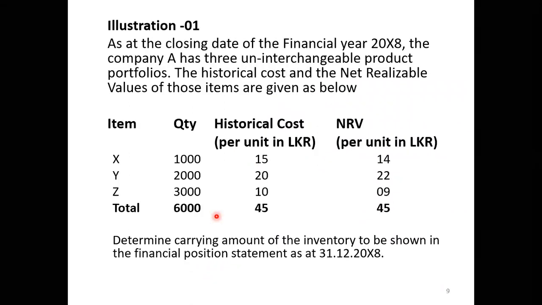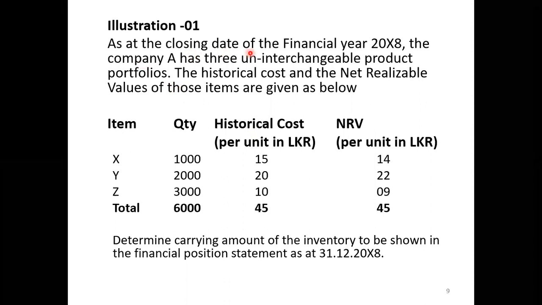So this is the illustration. As at the closing date of financial year 2018, company A has three non-interchangeable product portfolios. The historical cost and net realizable values of those items are given below.